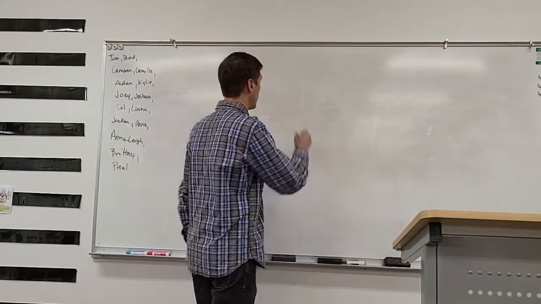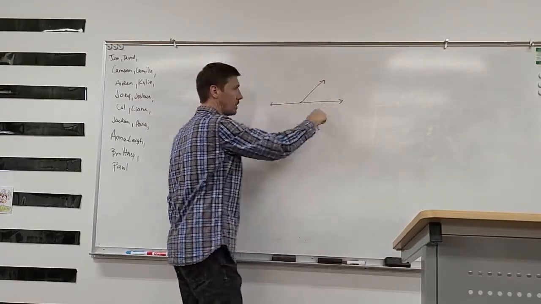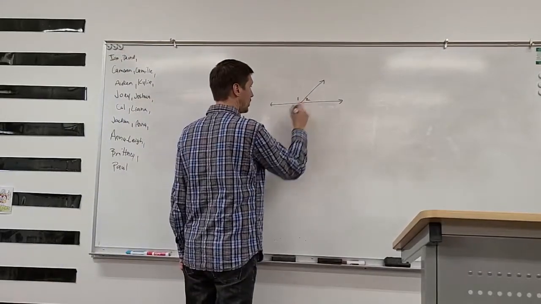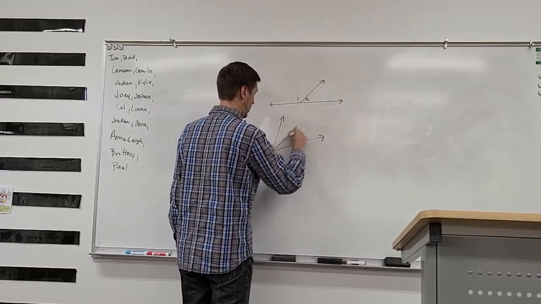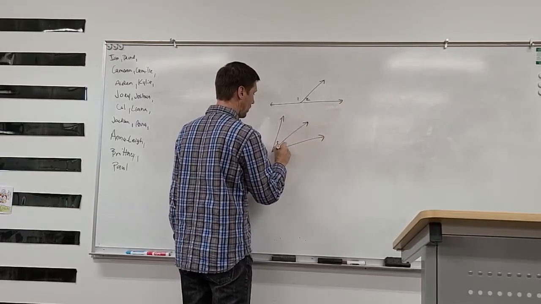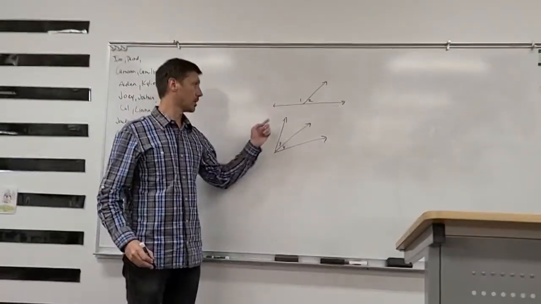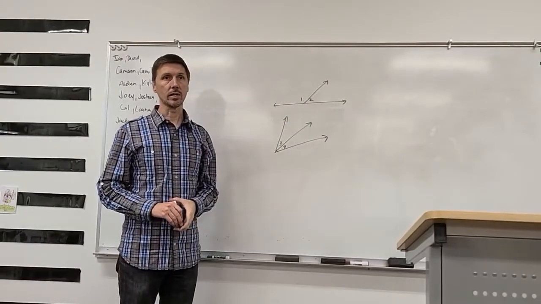So for it to be a linear pair, one side has to be a line, right? So these angles 1 and 2 are adjacent here, but if I draw these angles, 3 and 4, those are also adjacent because they share a common side, but they're not a linear pair because we don't have a line here that forms the two angles. Does that make sense?